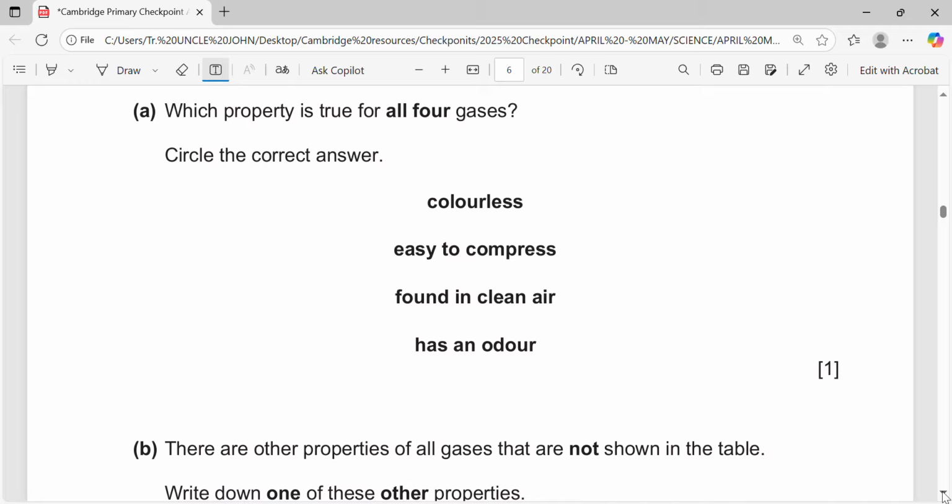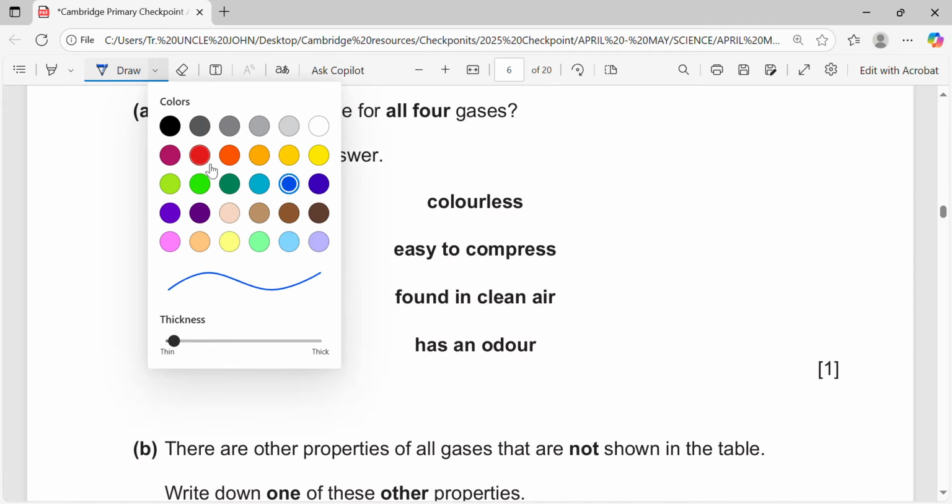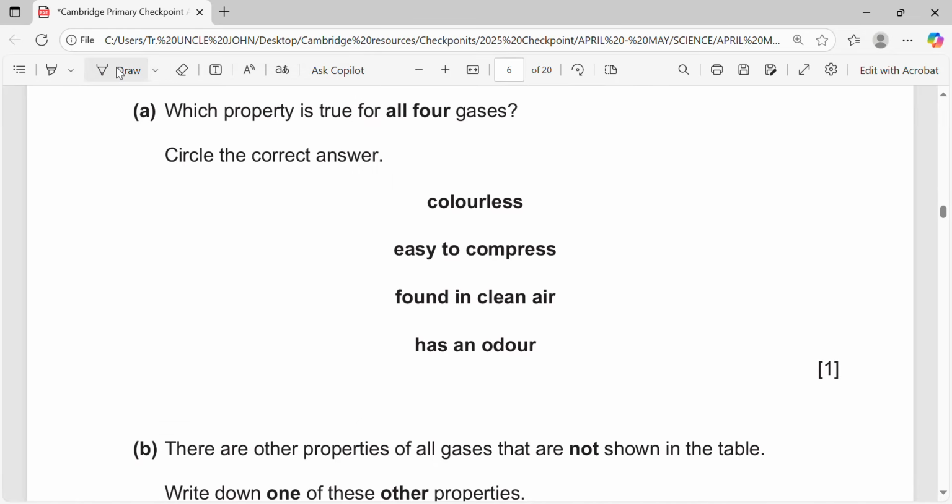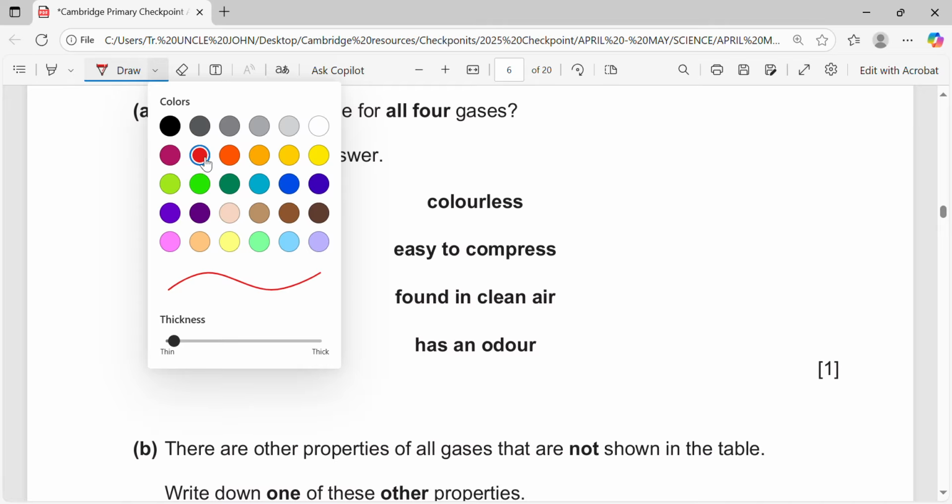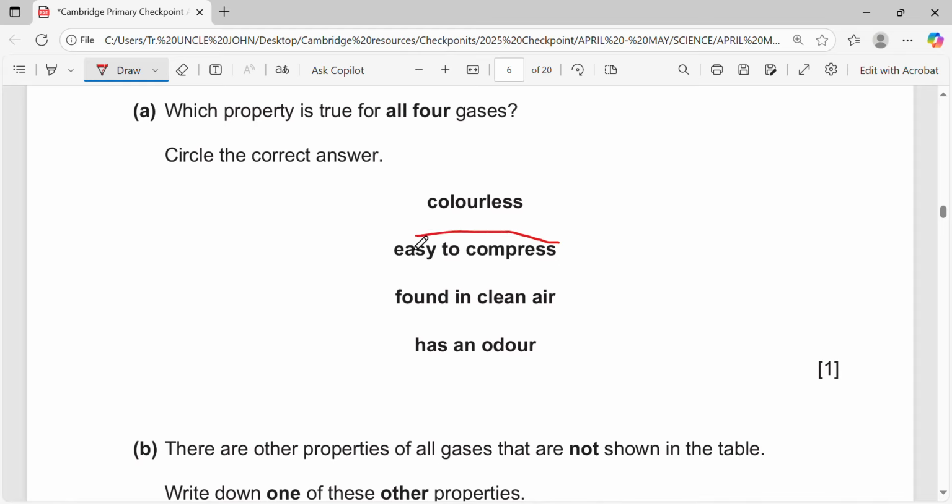Circle the correct answer. Easy to compress.